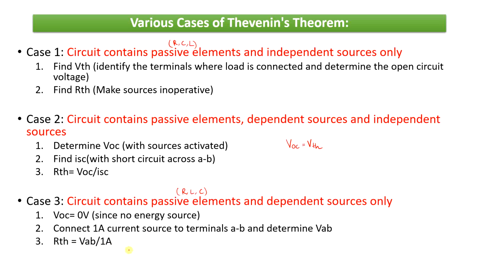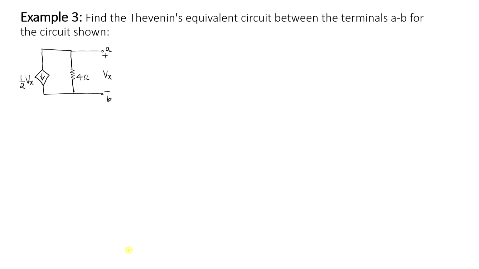So let us look into how to solve this particular problem. When you look at this particular problem, you can clearly see there is no independent source, right? So when there is no independent source, no energy source, basically your Thevenin voltage, which is also called the open circuit voltage, is equal to 0. Now you need to determine VAB.